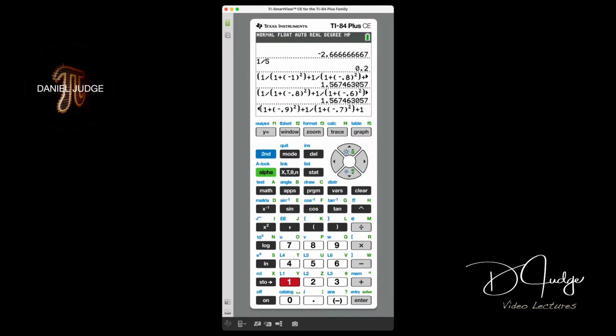Plus 1 divided by parentheses 1 plus negative 0.5. Square that. Close it. Plus 1 divided by 1 plus parentheses negative 0.3. Square that. Close it. Plus 1 divided by 1 plus parentheses negative 0.1. Square this.